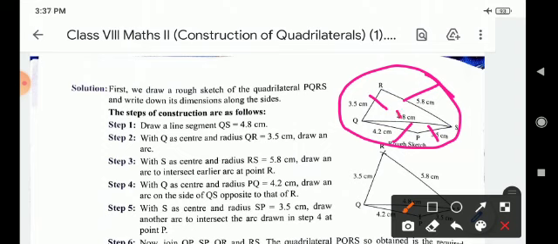First we draw a rough sketch of the quadrilateral PQRS and write down its dimensions along the sides.